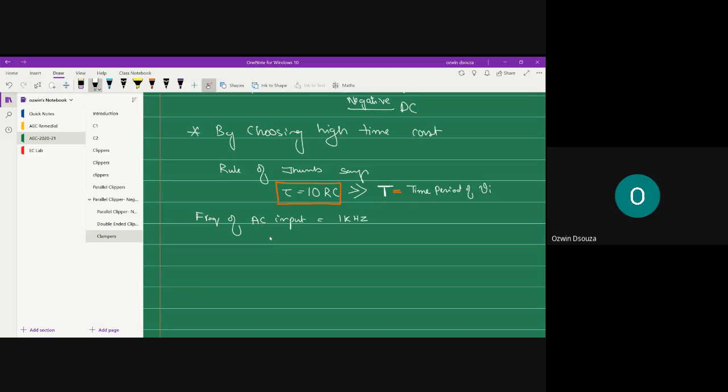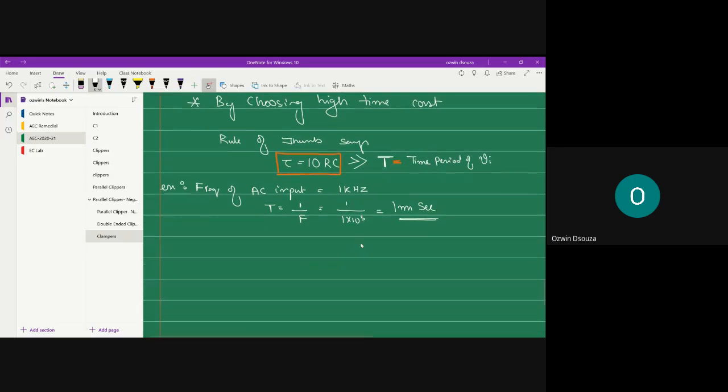So the time period T is equal to 1 by f, or 1 by 1 kilohertz, which is equal to 1 millisecond. So the time period of the given AC input is 1 millisecond. When you choose the time constant for this circuit, you should make sure that the time constant of the circuit is extremely high compared to the time period of the waveform.